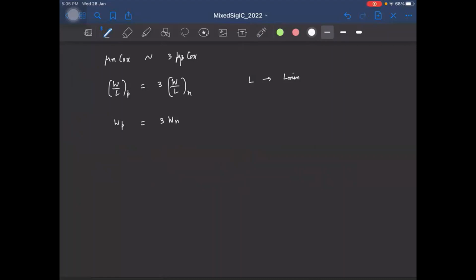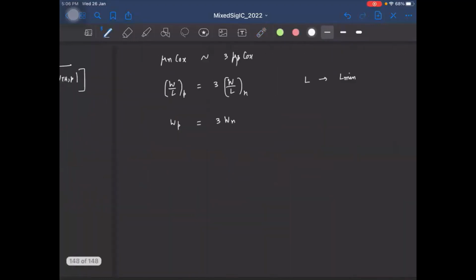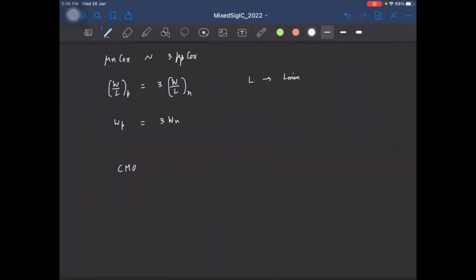Doing this will guarantee, to some extent, that the dependence of R on on Vin will be reduced, and so we'll have better linearity. So with a CMOS switch, we definitely will have better linearity than a simple NMOS or a PMOS switch.